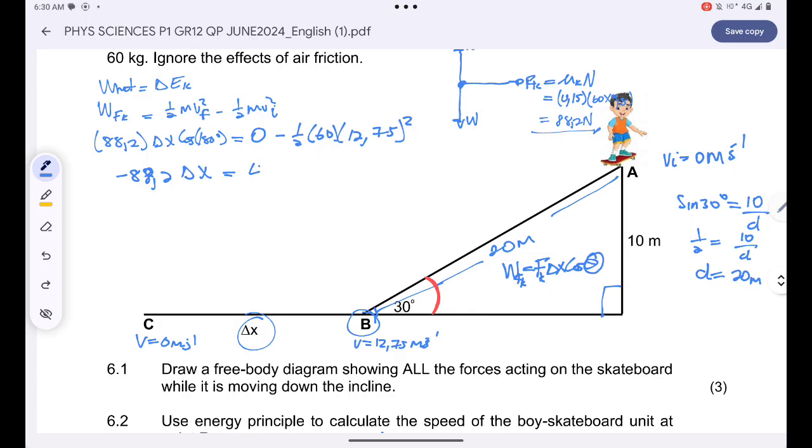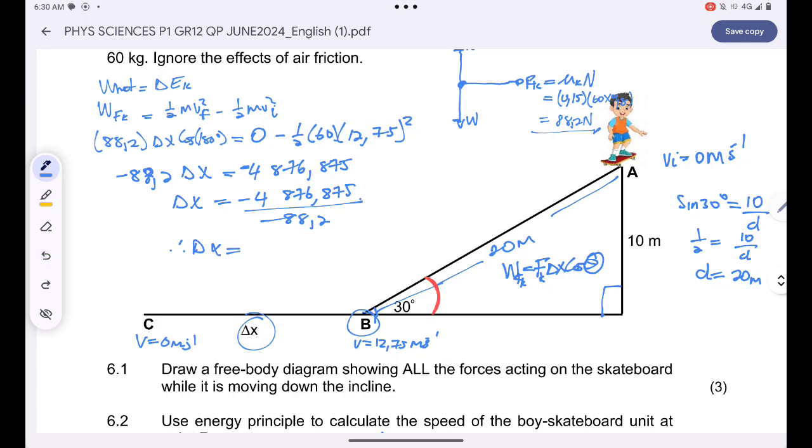This will give us 4,876.875. It's negative, by the way. So delta x will be equal to negative 4,876.875 all over negative 88.2.